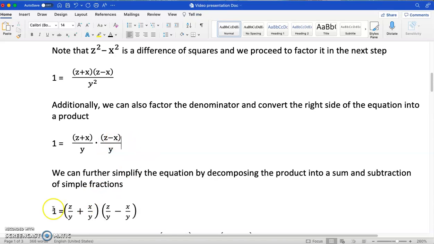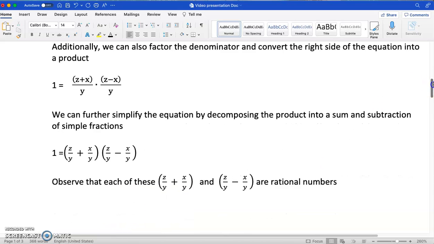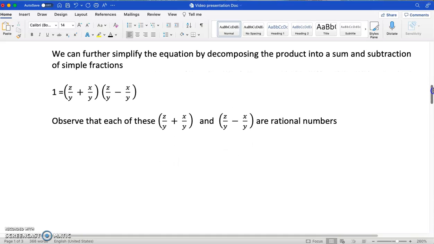So we can break this into 1 equals c over y plus x over y, times c over y minus x over y. It's important to observe that each of these factors is a rational number.